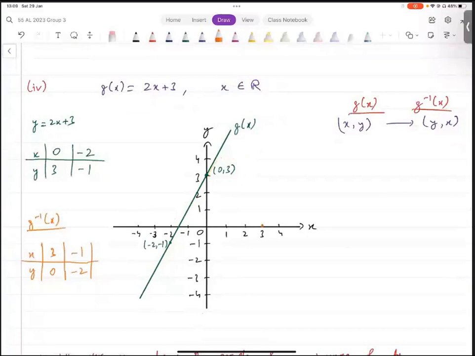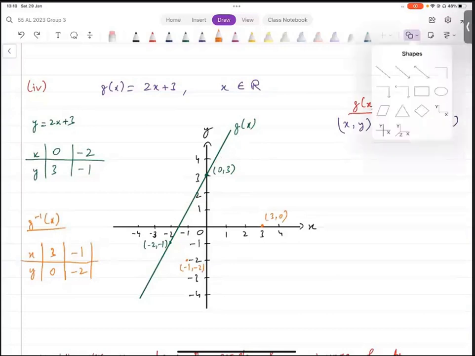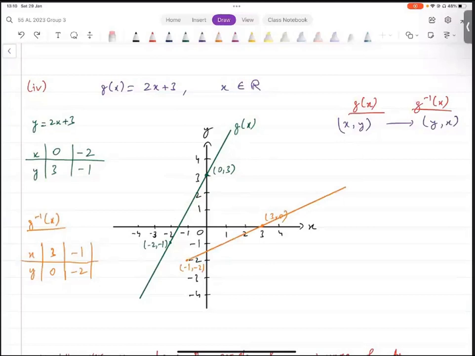And this point that you had at -2, -1, for the inverse function, it's going to be at -1, -2, and that's this point. You have 3, 0 here, and you have -1, -2. And then you just draw a line through these points, and it looks like this. That's the graph of the inverse function.